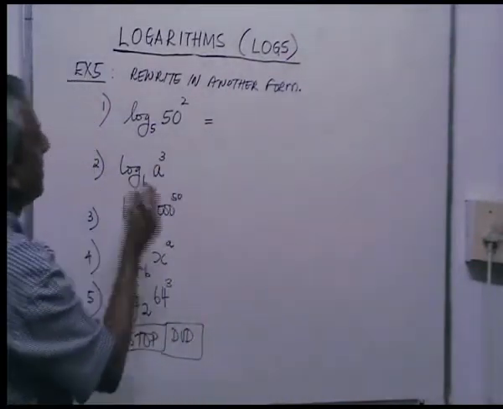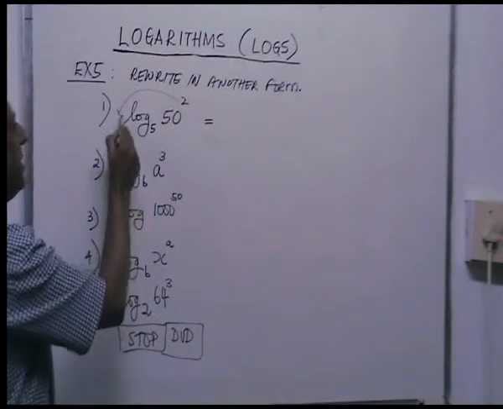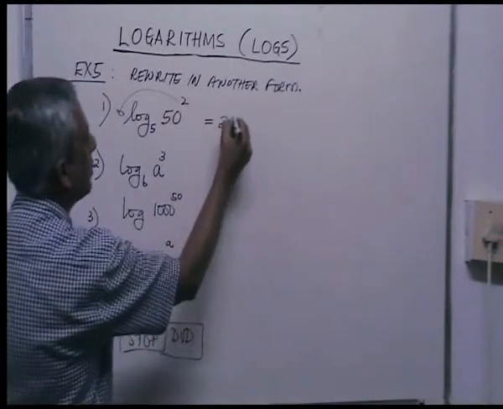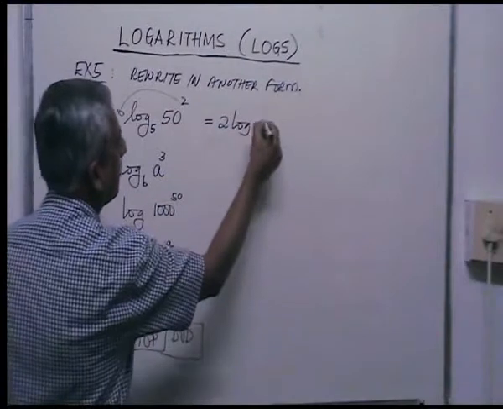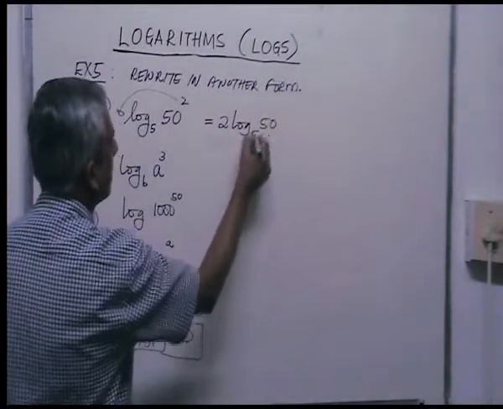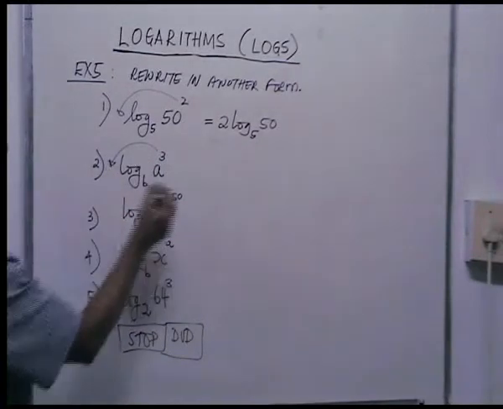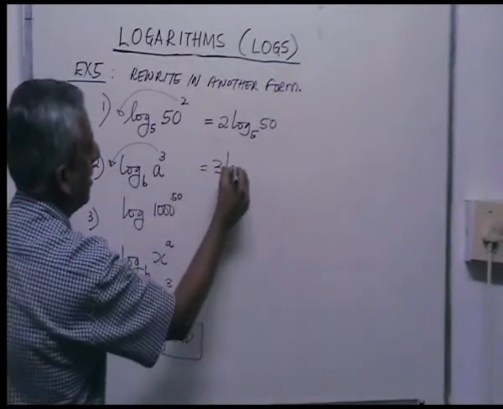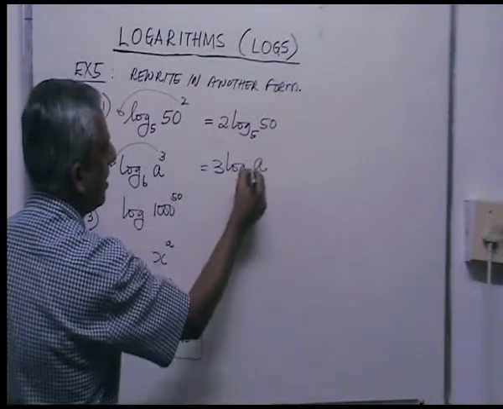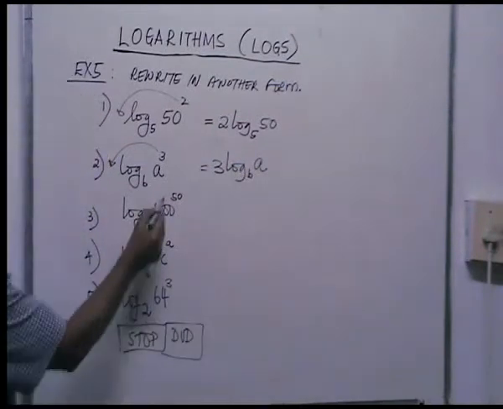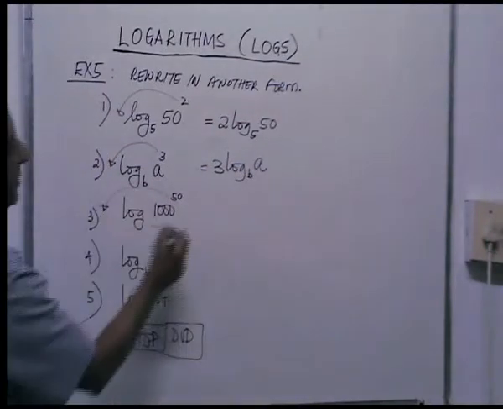It's good and nice. Okay, so the 2 will come to the front. The answer will be 2 log 50 to the base 5. Once again, the 3 will come to the front. Answer is 3 log a to the base b. Once again, the 50 comes to the front.